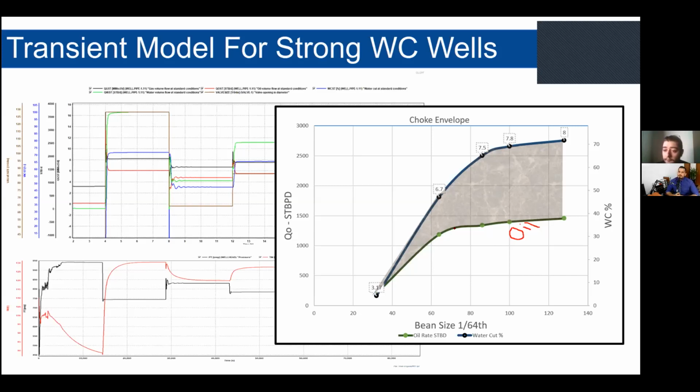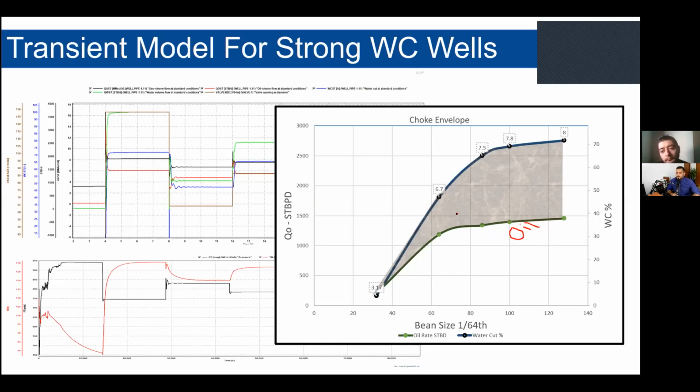That's the type of chart you should generate with these types of software. This type of choke envelope helps you to decide at what choke to operate your well. For example, if you don't have this type of chart, you can guess the optimum choke size, but it will not be your optimum. For example, one of the wells we have producing in North Iraq has a high water cut whenever they open the choke, and whenever they close the choke, the well is not able to produce.